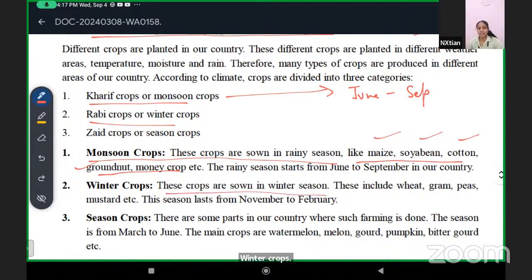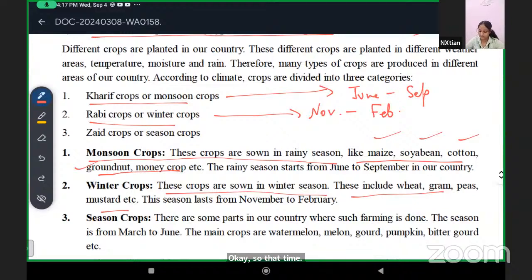Because they are sown in winter season. And what kind of crops? It is wheat, gram, peas, mustard, and all. Now in India, when is the winter season? It starts from November to February. So at that time rabi crops are grown.